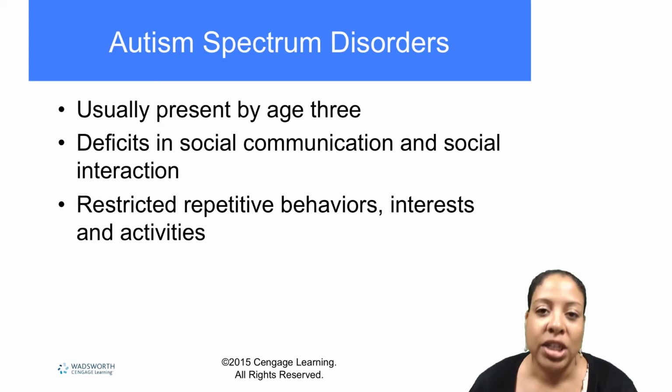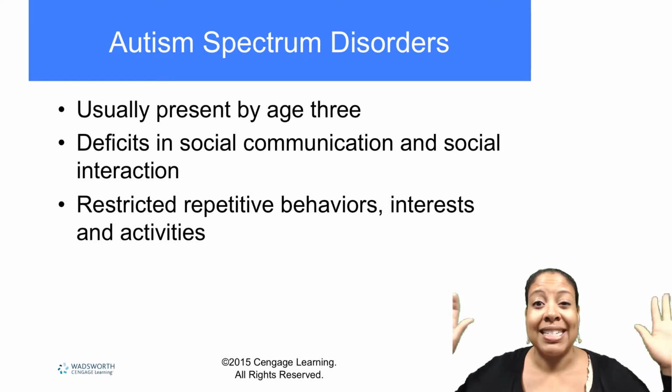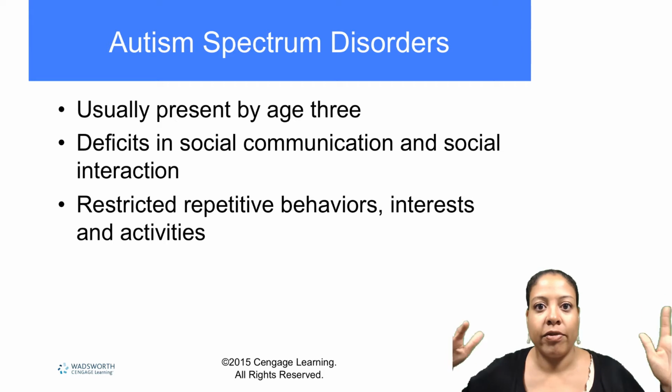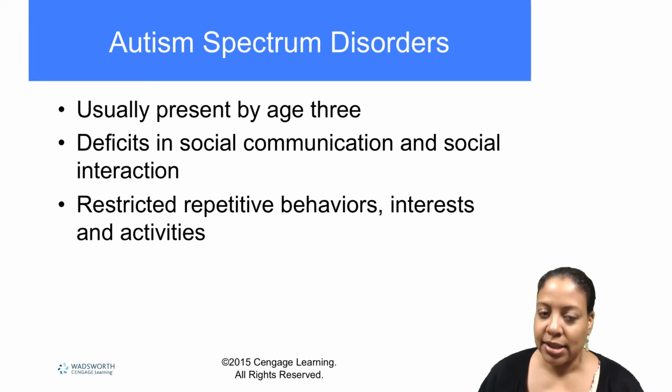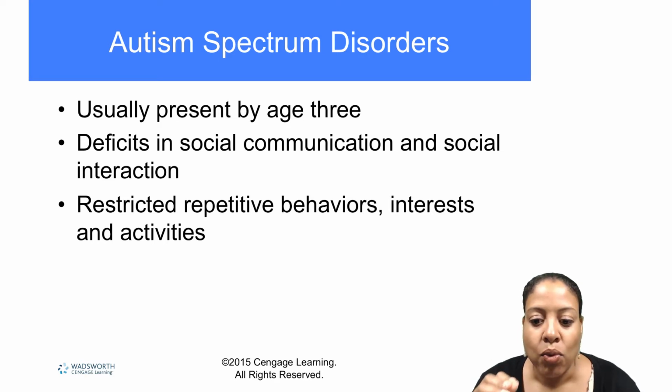There can be restricted, repetitive behaviors like spinning wheels, what we call stimming for stimulation, like flapping hands, interest and activity. So they might have very, very specific interests that they really focus on.